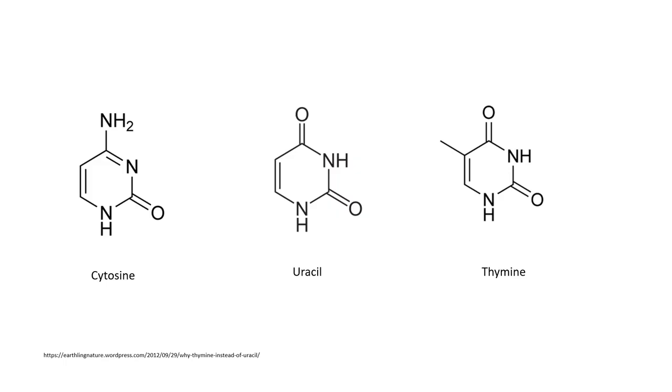So let us take a brief look at the structure of cytosine, uracil, and thymine. So if we first focus on the difference between cytosine and uracil, we can see that cytosine can be turned into uracil by a deamination, by taking off the NH2 group in cytosine at the top of the figure and replacing it with an oxygen.